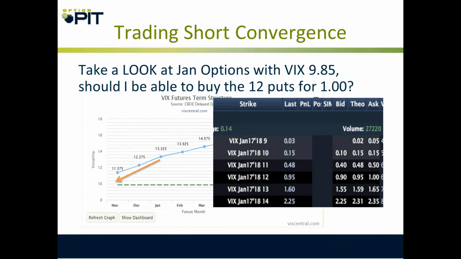So let's take a look. January options with a VIX at 9.85. Should I be able to buy a Jan 12 put for $1? What do you think? Let's do some math. What is 12 minus 1?